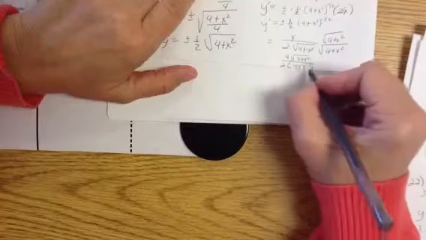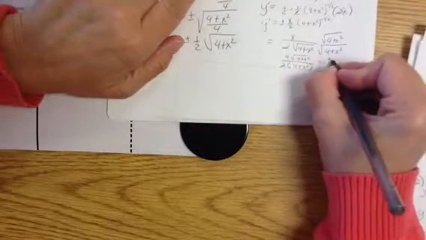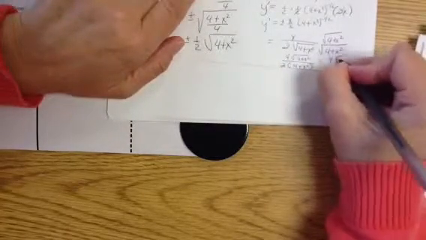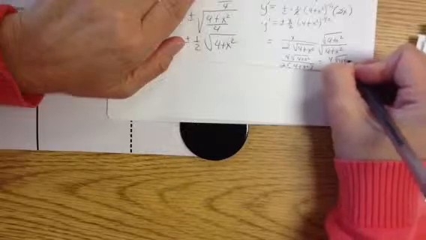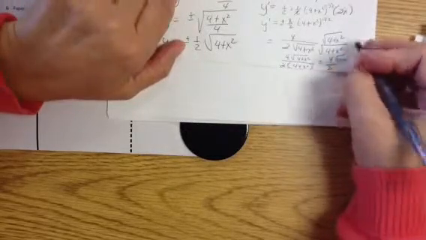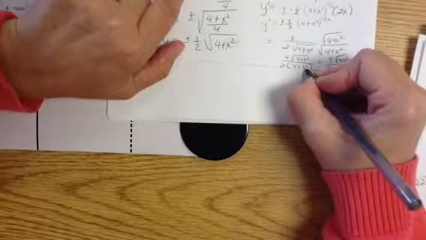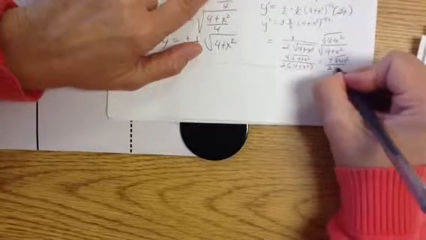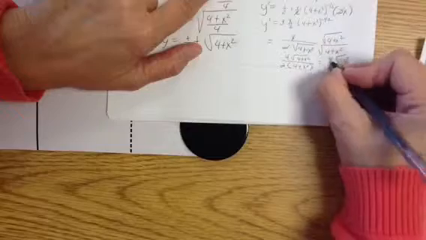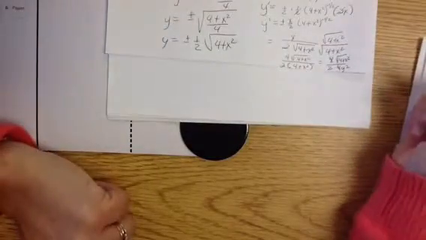It equals 4y squared. So the 4's cancel, and that's what I end up with.